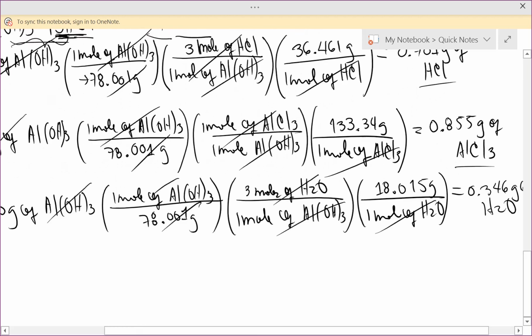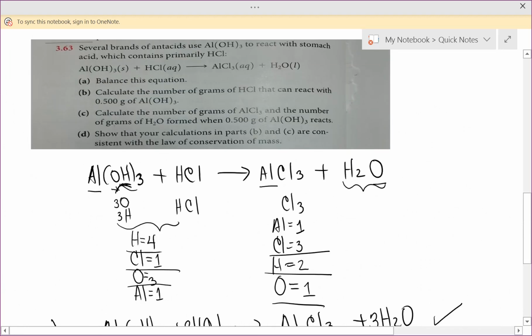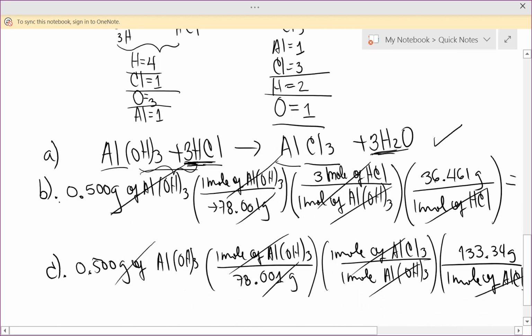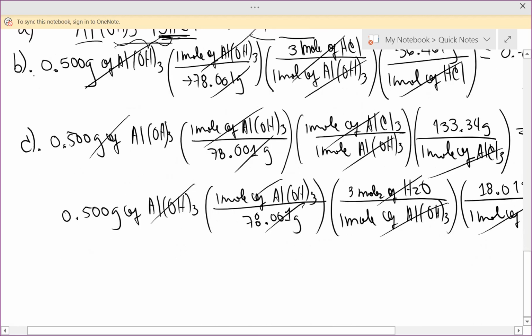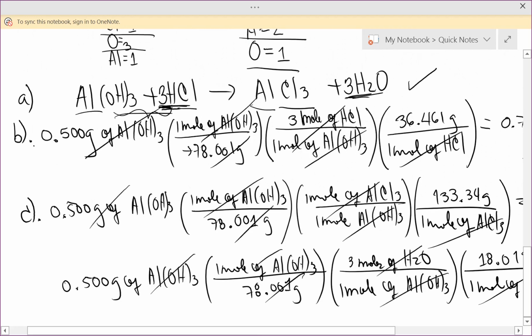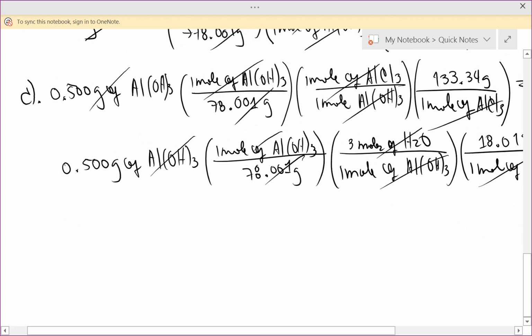So now part D says, show that your calculations in parts B and C are consistent with the law of conservation of mass. So basically we have to show or to prove that whatever we have in the reactants is the same that we got on the products. So from the statement, you know that we have, for the first reactant, we had 0.500 grams plus 3 HCl.